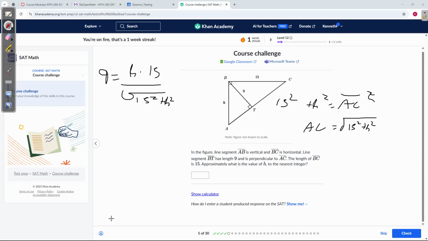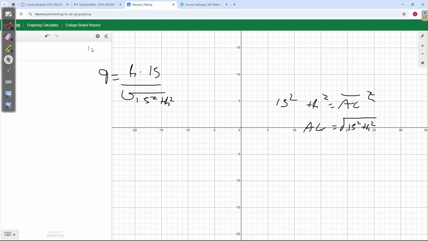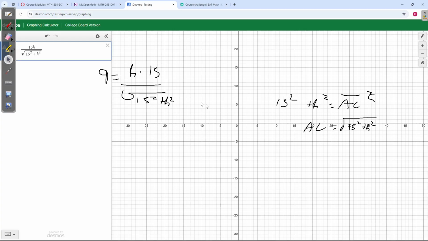Now if we put this into decimals, we should be able to find h. So we get 9 equals 15h over the square root of 15 squared plus h squared. Let's just make this x, because x is a variable that decimals recognizes.